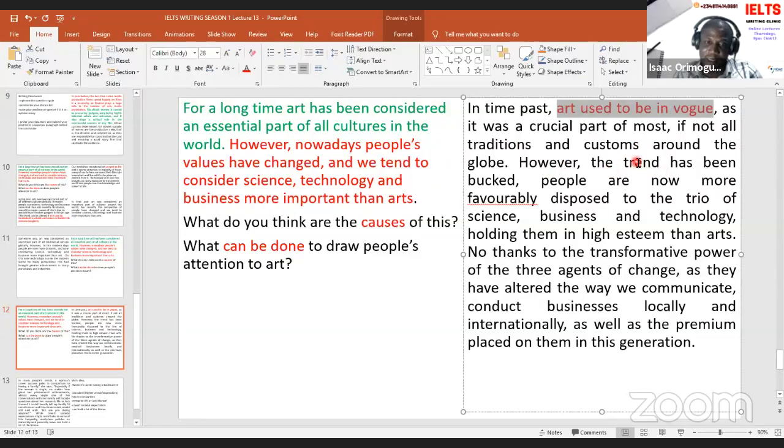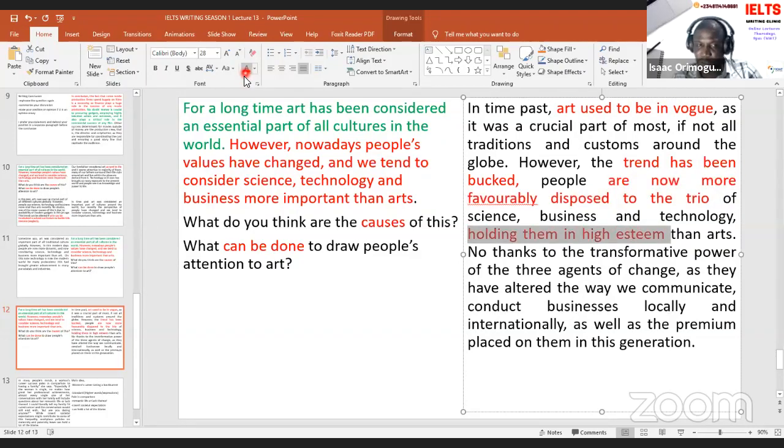That is, the trend has changed. You can see that this person only used however, nowadays, as people are now more favorably disposed to the trio. Can you see? The trend has been bucked, favorably disposed to the trio. These are the things that will make your essay stand out, holding them in high esteem.